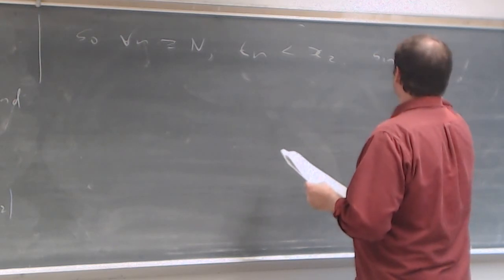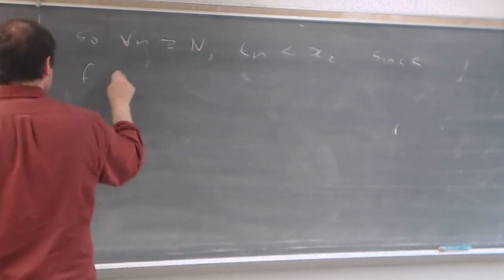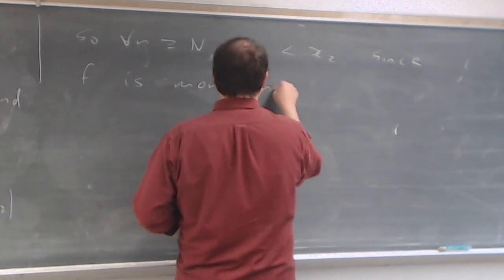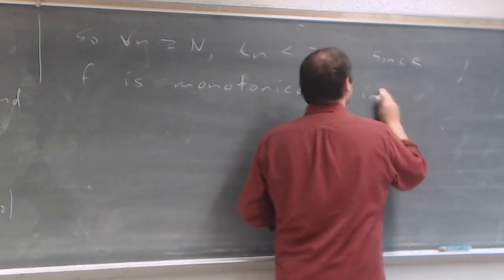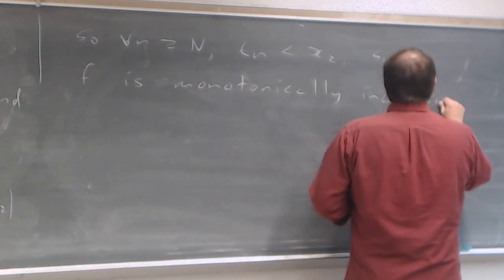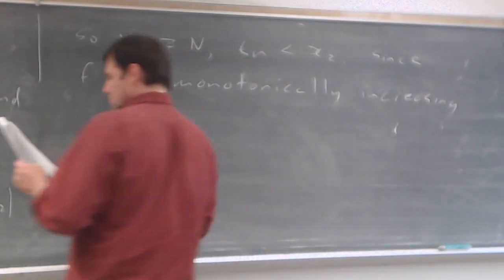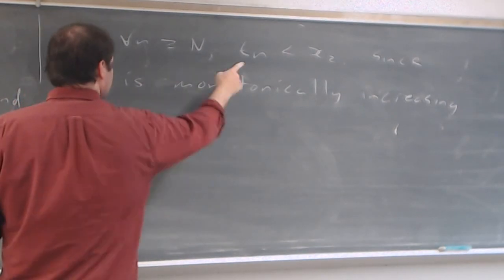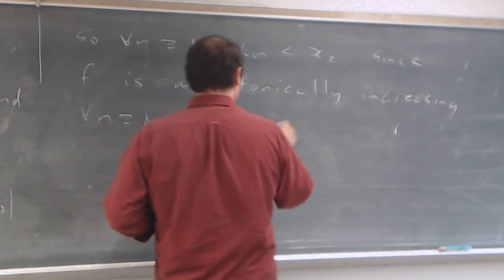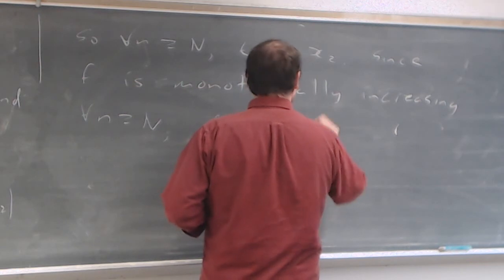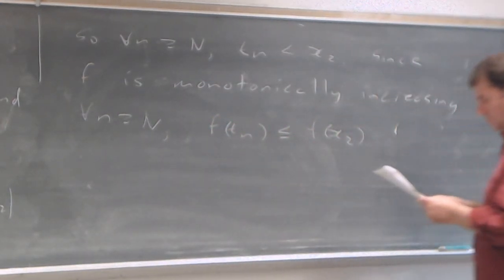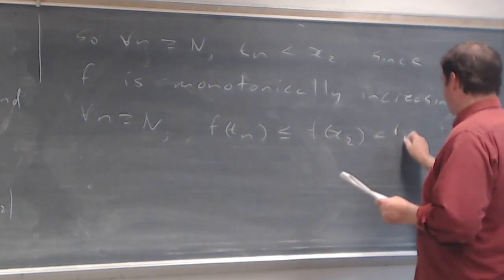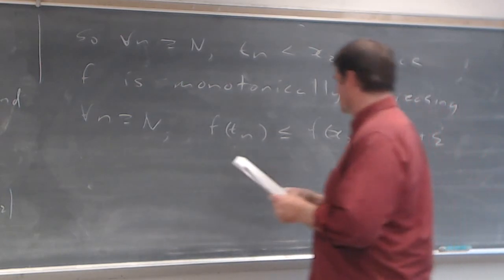So since f is monotonically increasing, then for every n bigger than or equal to big N, we have that f of t sub n is going to be less than or equal to f of x sub 2. And of course, this is less than b plus epsilon.